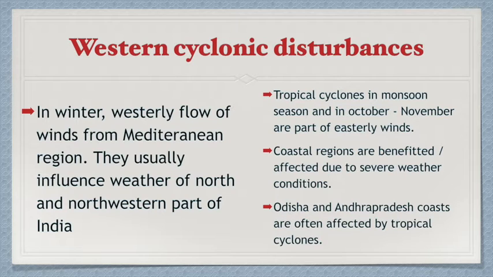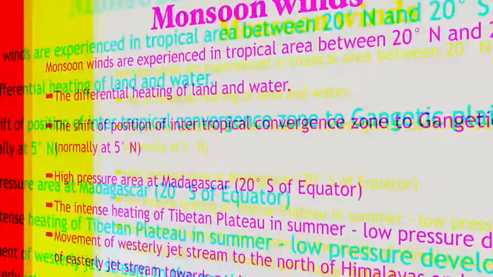Apart from these, tropical cyclones bring rainfall mostly in October-November months. In these months, coastal regions are affected by the severe weather conditions arising out of tropical cyclones. Odisha and Andhra Pradesh coasts are often affected by tropical cyclones during October and November.